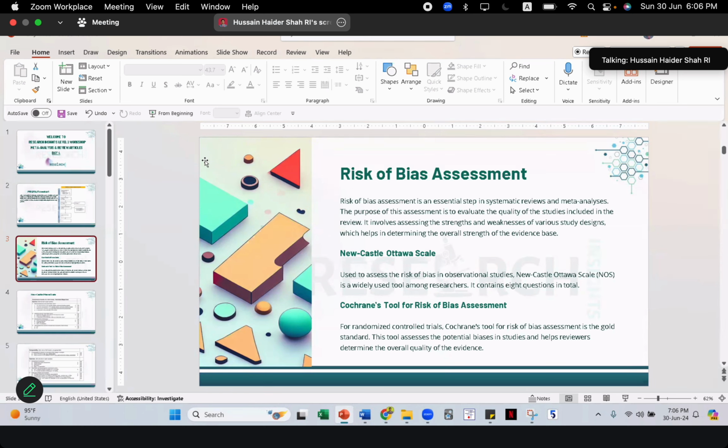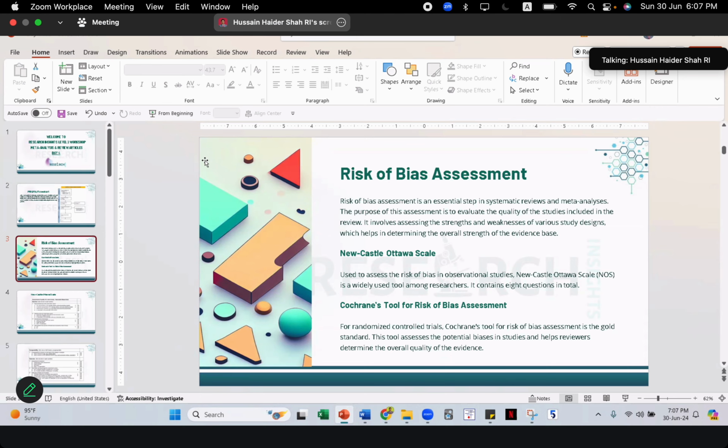So consider we are doing a meta-analysis and we have found 5 articles which are answering the same research question, they have similar outcomes or primary endpoints. Now we have to assess whether these 5 articles are good quality. Do they have low bias?